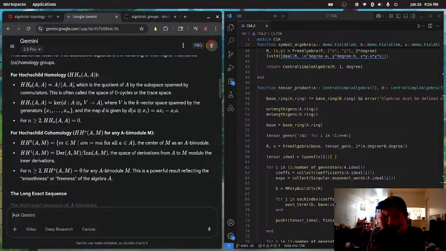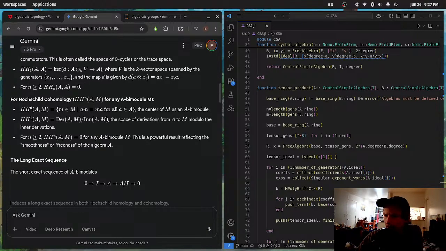If you were looking at just derivations from A to A itself, then I guess these are all inner, and so that would be 0, for any central simple algebra. So not useful. But for I, it's not so clear. It would depend on I and A mod I. And higher Hochschild cohomology is 0 for any bimodule. That was kind of the thing I was expecting.